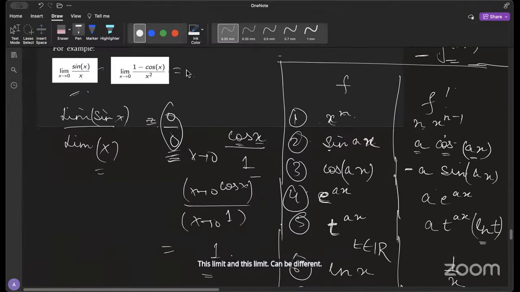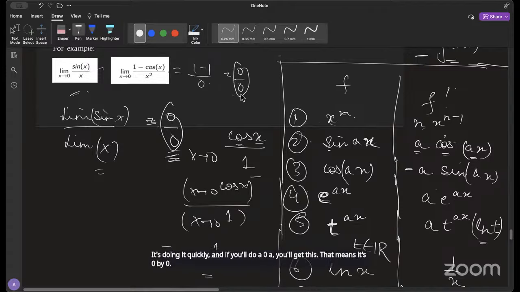So first check if this is a 0 by 0 or infinity by infinity form or not. If you put 0 here, you'll get 1 minus 1. We're doing it quickly. And if you put 0 here, you'll get this. That means this is 0 by 0 form. So you can do the same here.